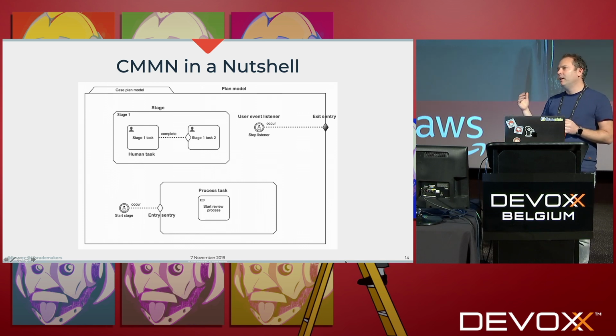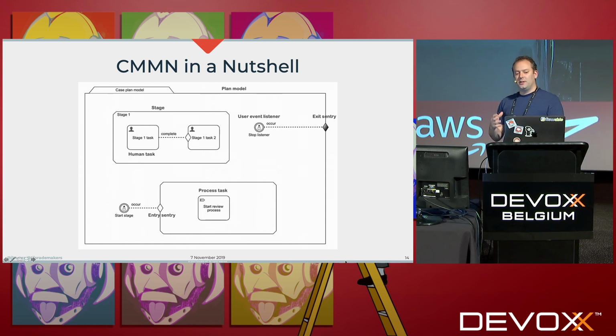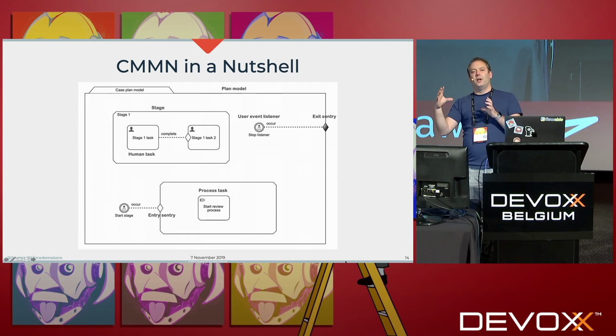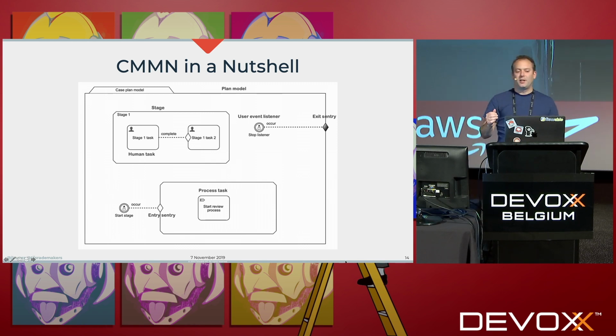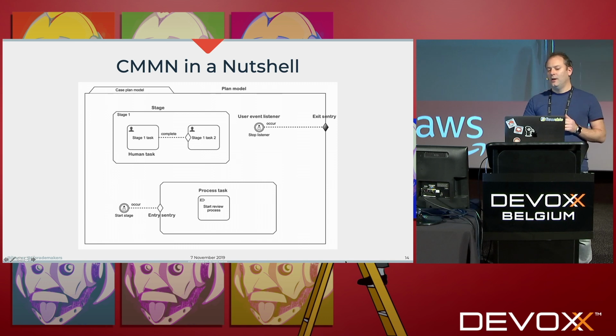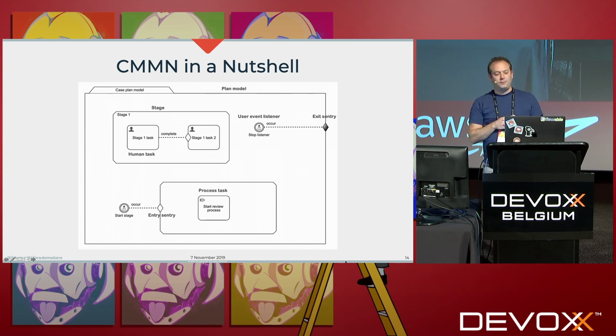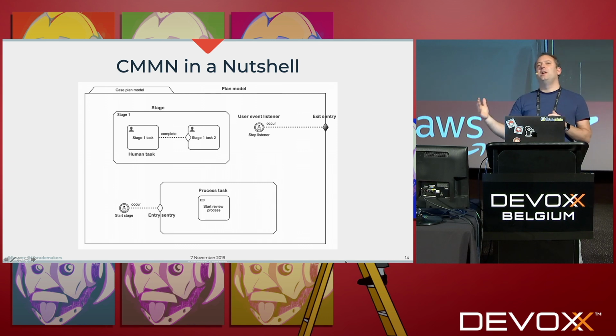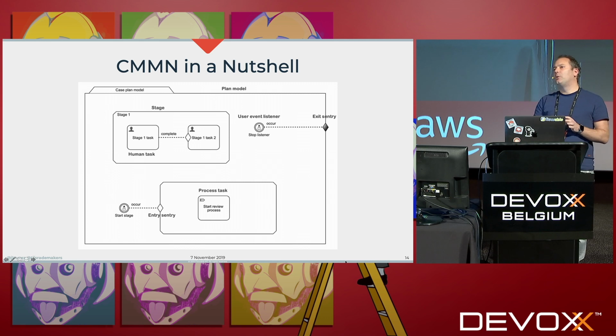But what is really the power of CMMN is that you can have a lot of stuff happening on different levels. So in this case, we have 2 stages, but we also have a user event listener, which goes to an exit sentry at the right top. And you can always trigger this user event listener at any point while executing this case instance. And that would be quite hard to express in BPMN.